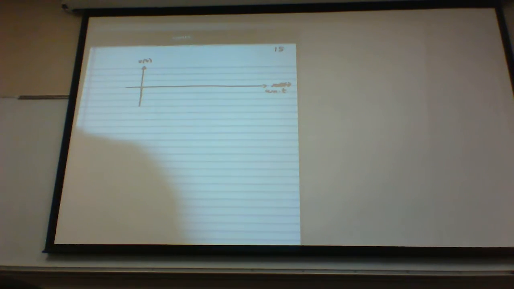So this will be, sorry, this will be x of t. What should this axis be? Omega t. And now what's going to happen is that our solution will stay between those two values.